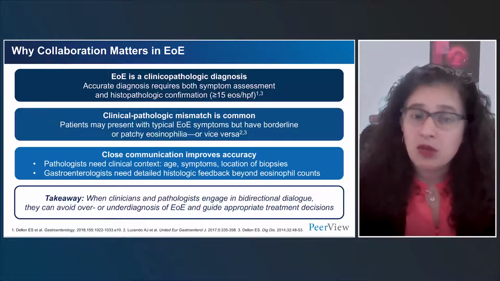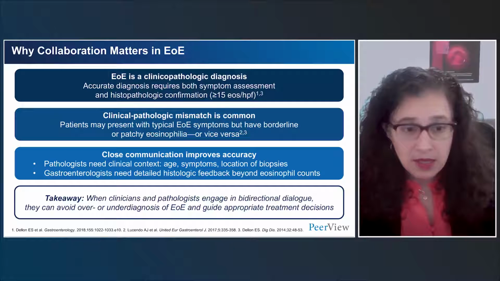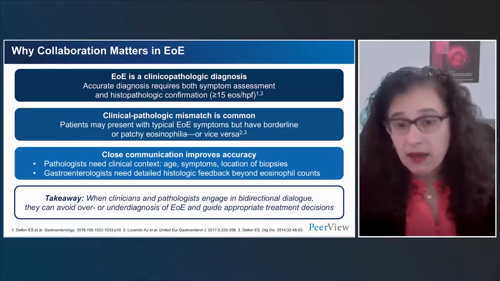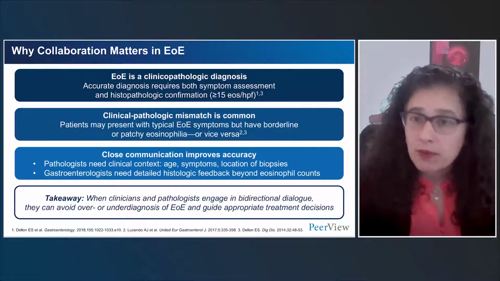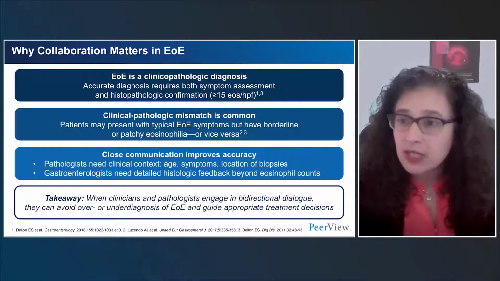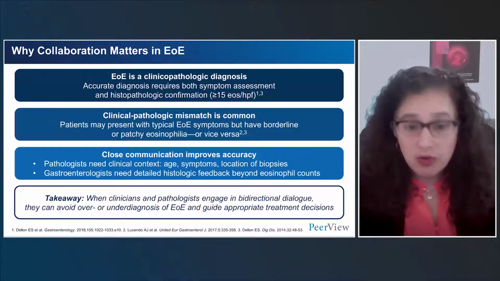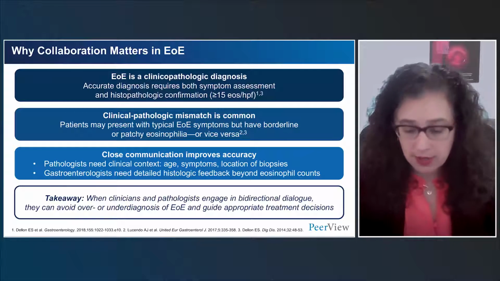Pathologists need clinical context, such as age, symptoms, and location of biopsies, and gastroenterologists need detailed histologic feedback beyond just the eosinophil count. So, the takeaway and the important message is that when clinicians and pathologists engage in this bidirectional dialogue, they can avoid under or over diagnosis of EoE and guide appropriate treatment decisions.